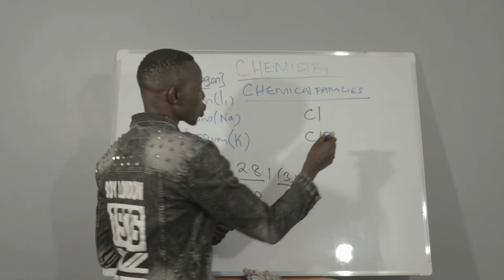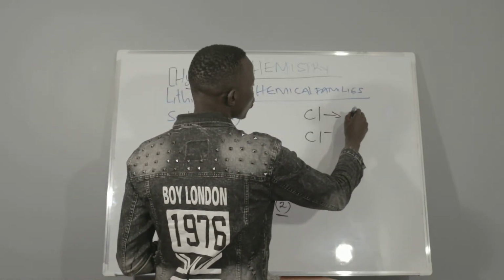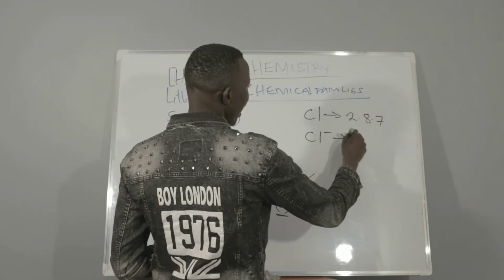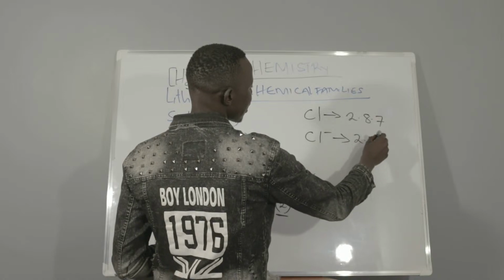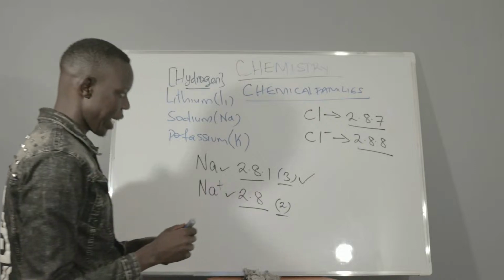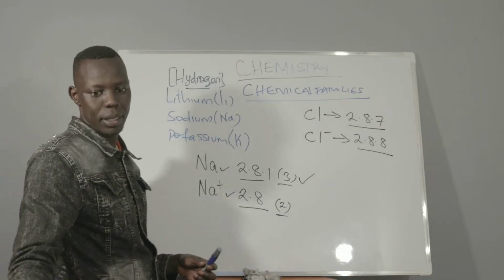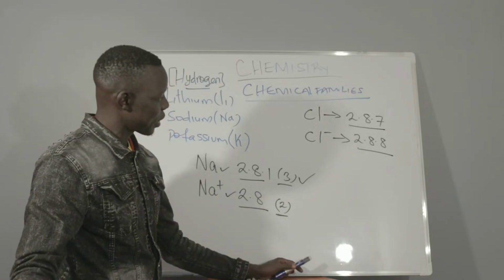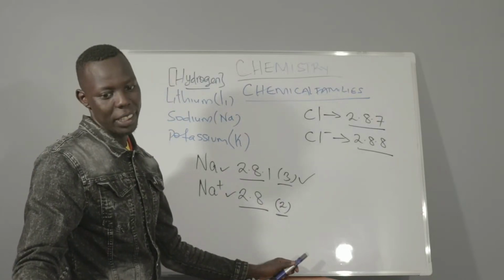Now, a chlorine atom is 2, 8, 7. Chlorine ion is 2, 8, 8. Now, which one is larger? All of them have the same number of energy levels.